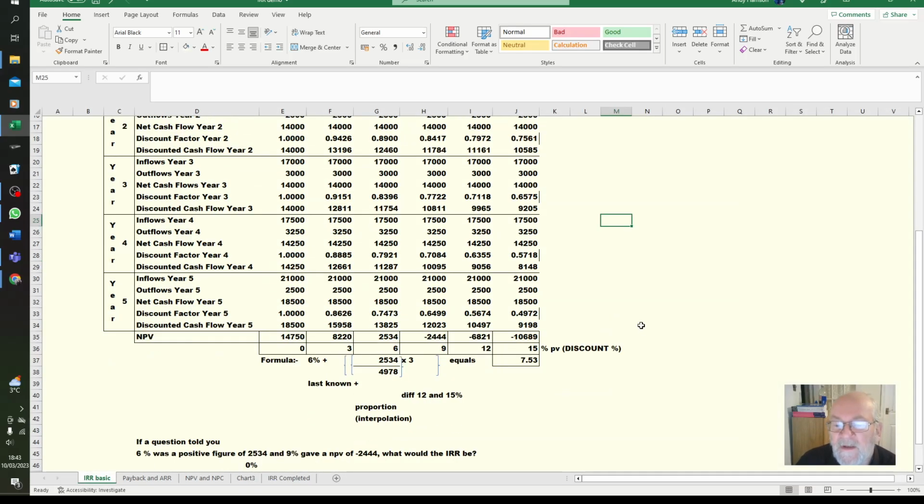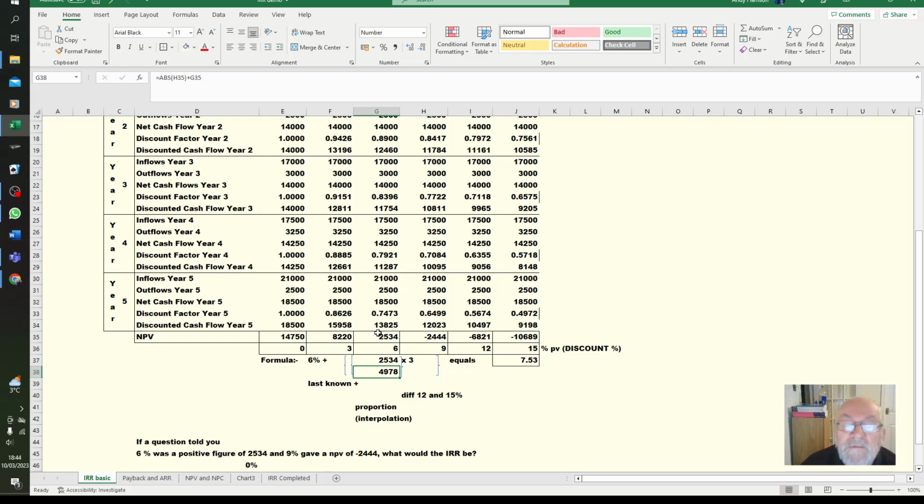So we've done the formula. Okay, so what have I done? The 6% is because the last known positive value I've got was 6%. The 2534 is the distance from the positive to negative. Now the 4978, I've used the abs function on to get rid of the minus, is 2534 plus the 2444.